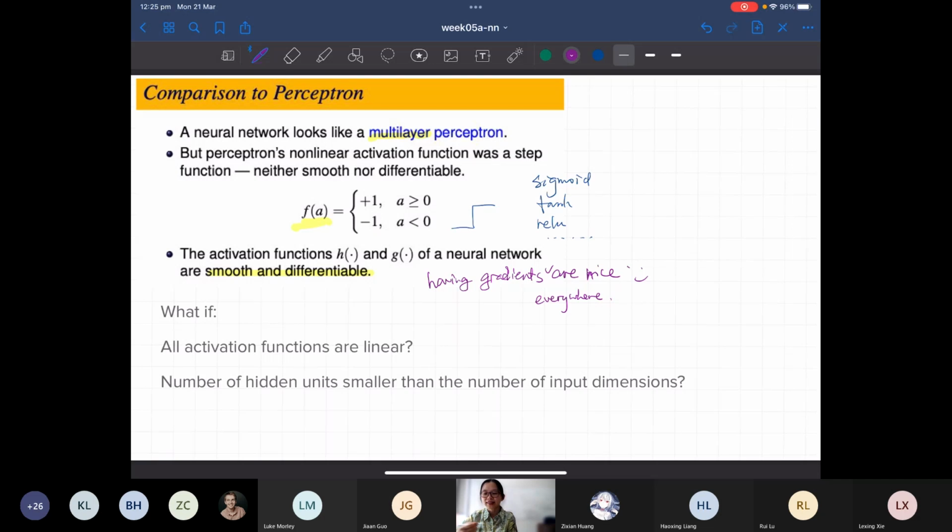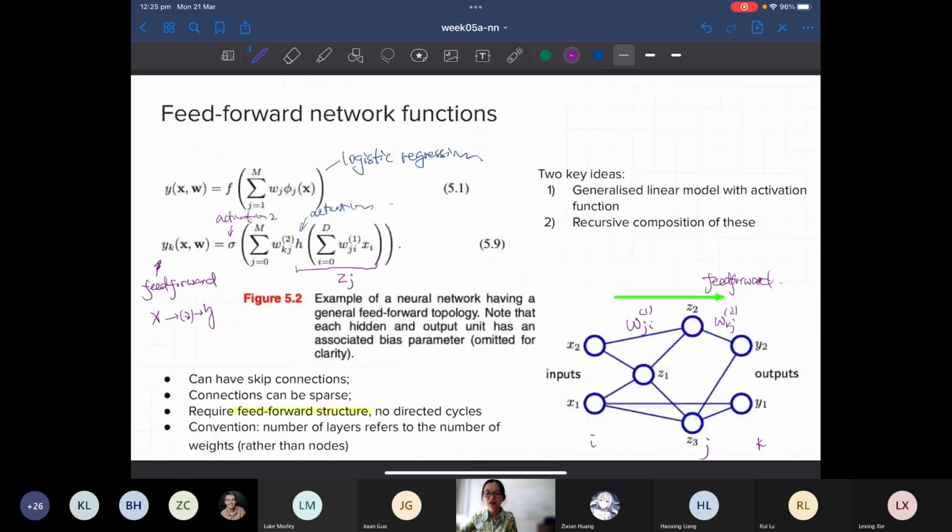So here are two, I guess, food for thought, right? What if all activation functions are linear? What happens? If we just simply go back to the expression of the multi-layer perceptron, if both sigma and h are linear, then the linear combination of a linear combination is another linear combination.